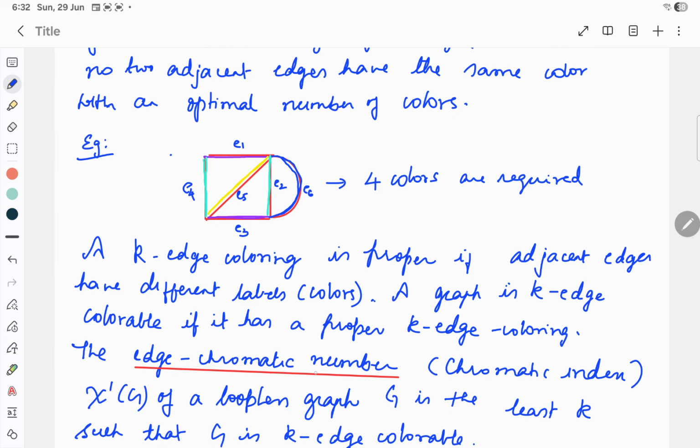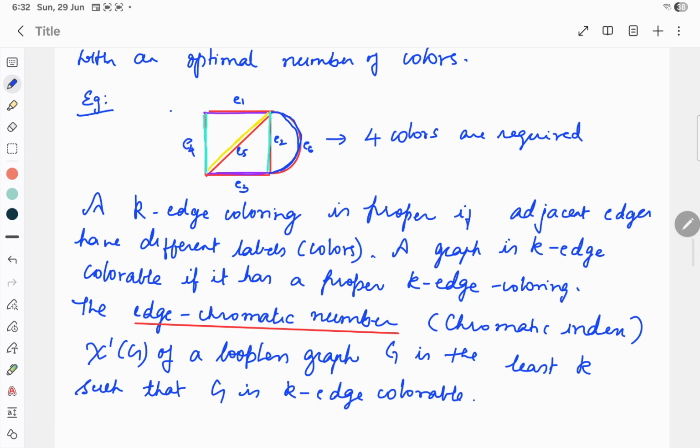Then the edge chromatic number, also called the chromatic index, denoted by chi dash G of a loopless graph G, is the least K such that G is K edge colorable. So now in this example we have seen that we used the minimum number of colors to color. I can use 6 different colors.